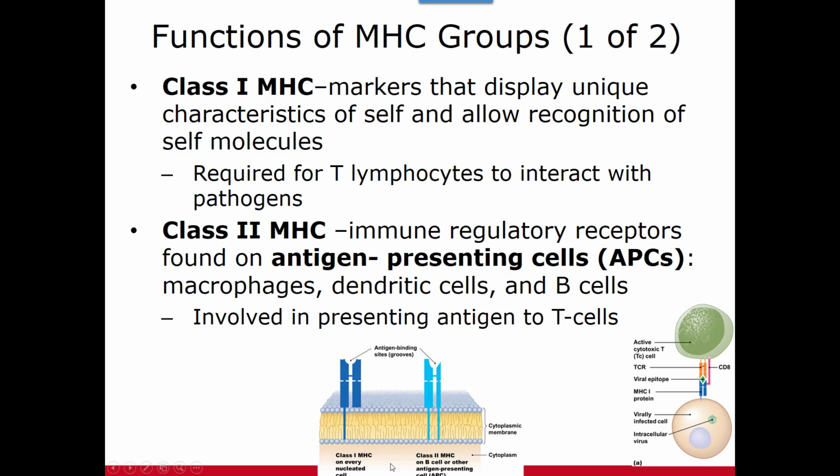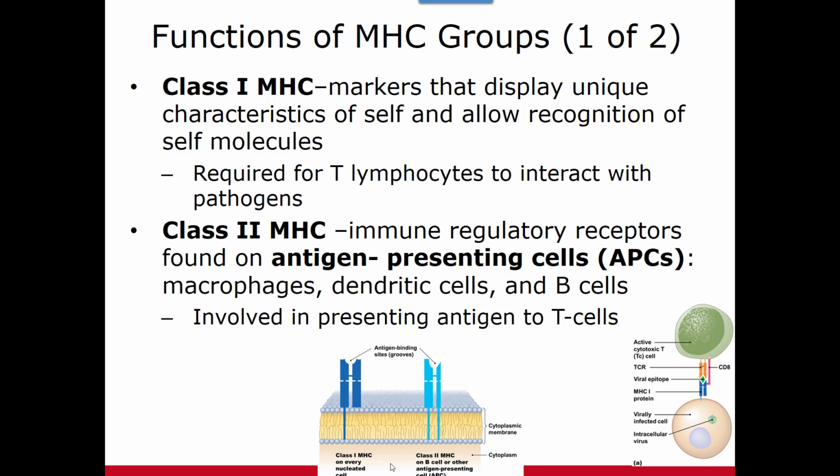So every single cell in your body except red blood cells has a class 1 antigen on it. That's unique to you. It's why if I gave you an organ, you would probably reject it. Most likely it's because my class 1 antigens on all of my cells are different than your class 1 antigens on all of your cells. Your cells will have other markers, but they'll have your unique MHC class 1 antigen on them.